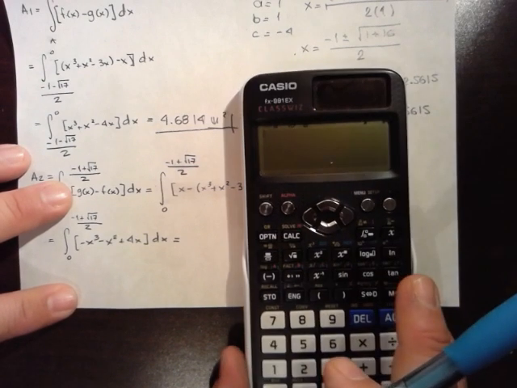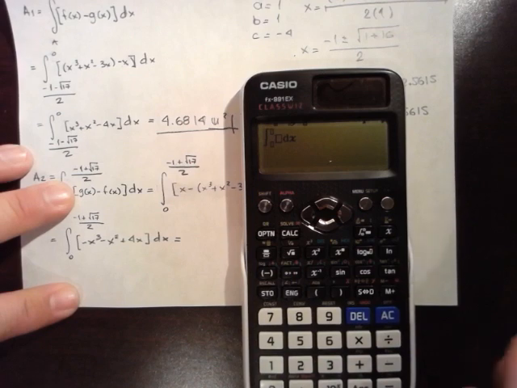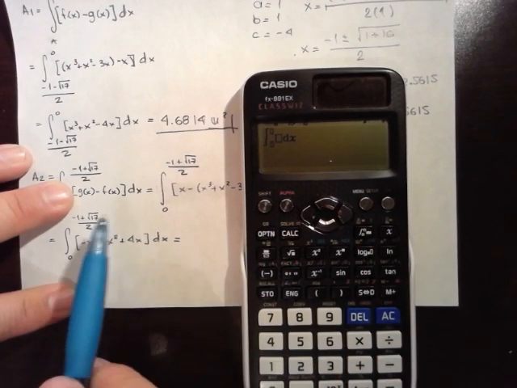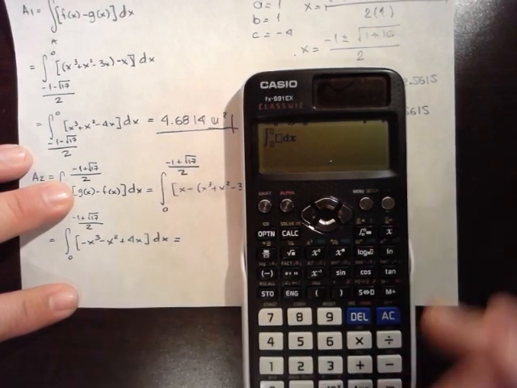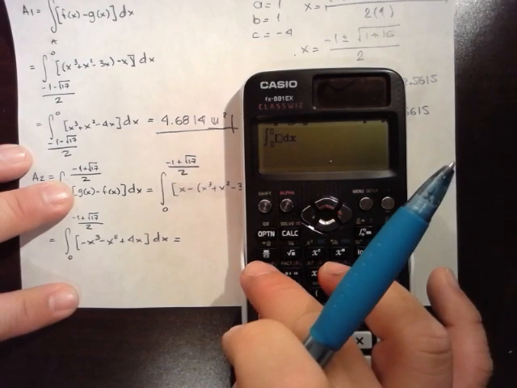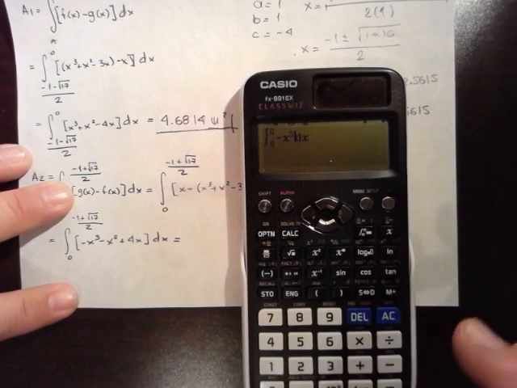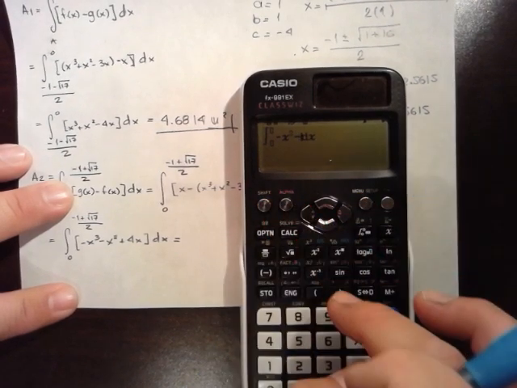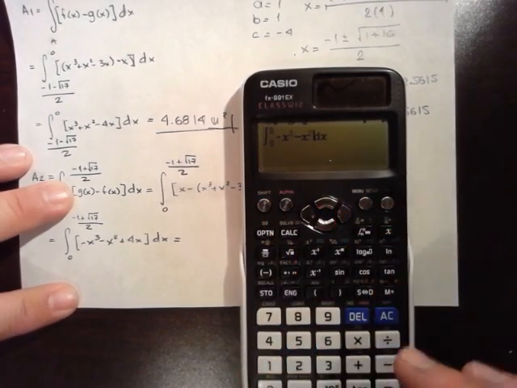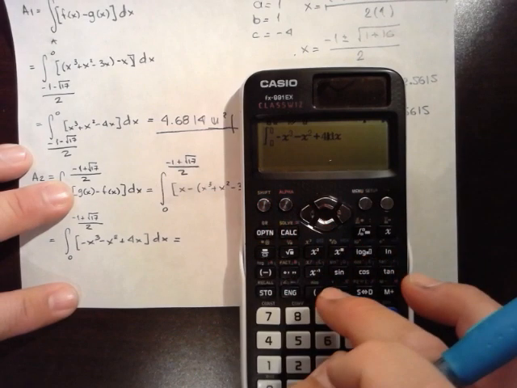Now let's introduce the second one. Again, the integral of, now let's introduce the data that we have over here: minus alpha x to the power of 3, minus alpha x squared plus 4 alpha x.